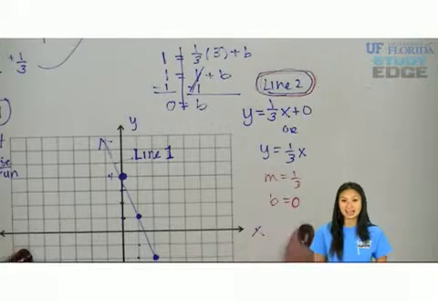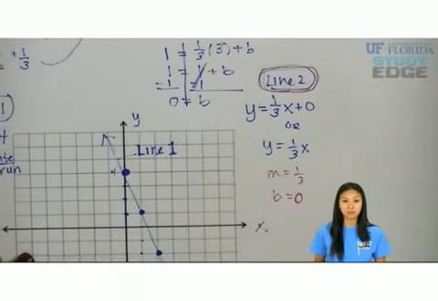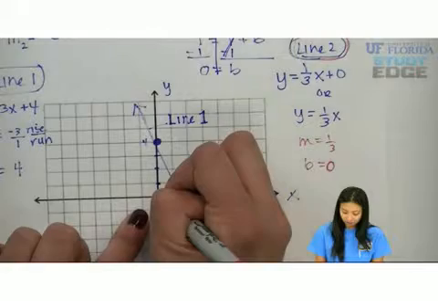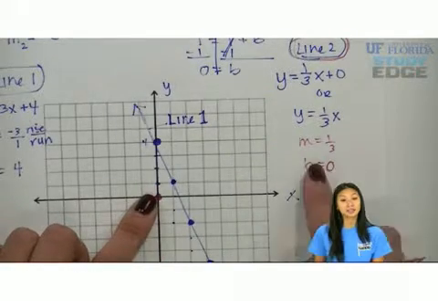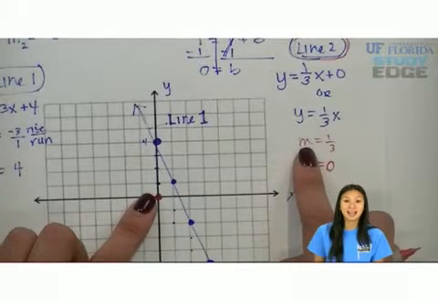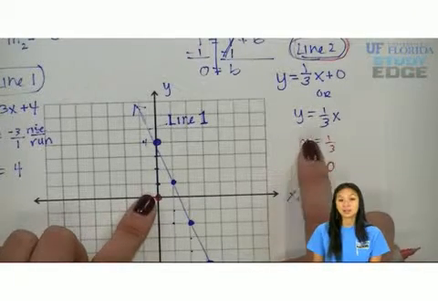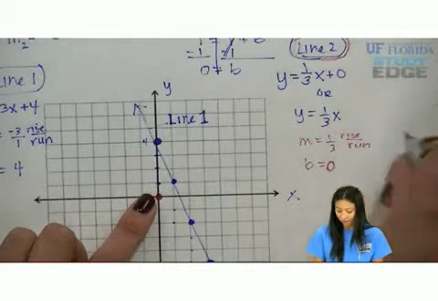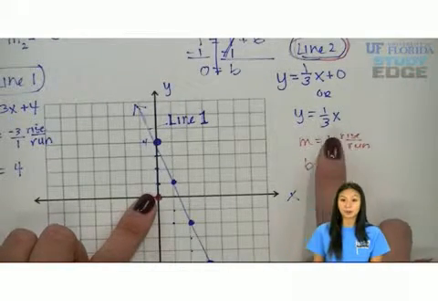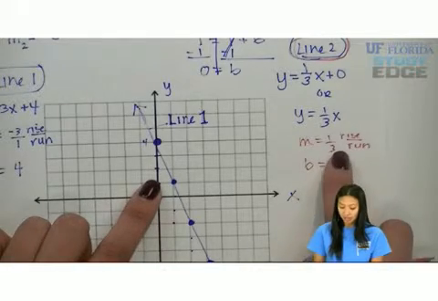I begin at the y-intercept. I begin at B, and that's a 0. So that's where I start. And then I'm going to look how to move by looking at the slope m. M tells me how to move. Remember, slope is rise over run on a graph. So it tells me to rise 1. It's a positive number, so I'm going to go up. And run 3.